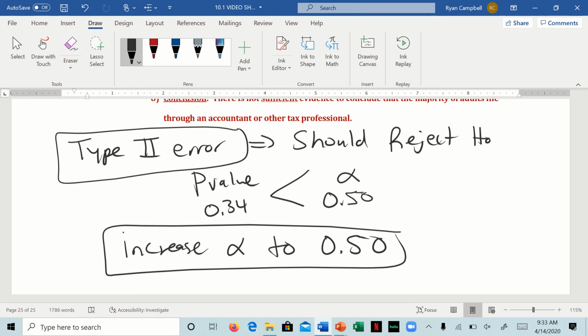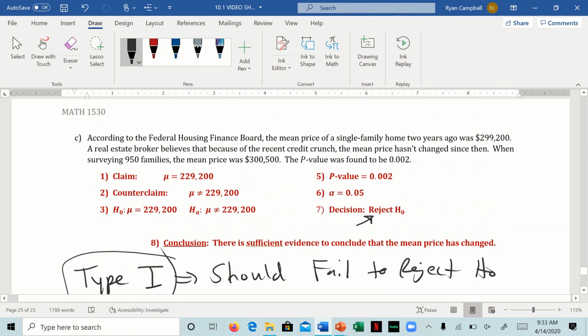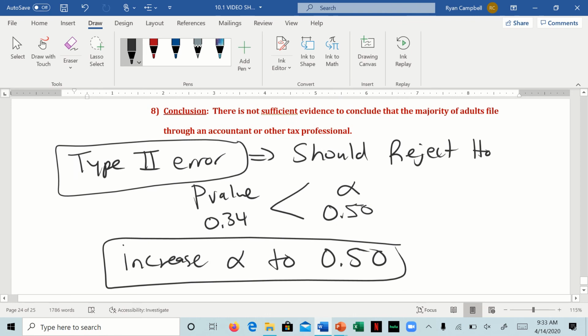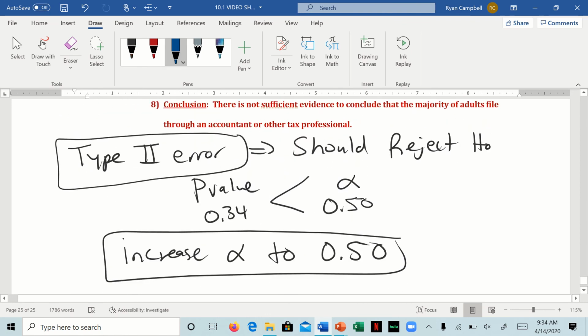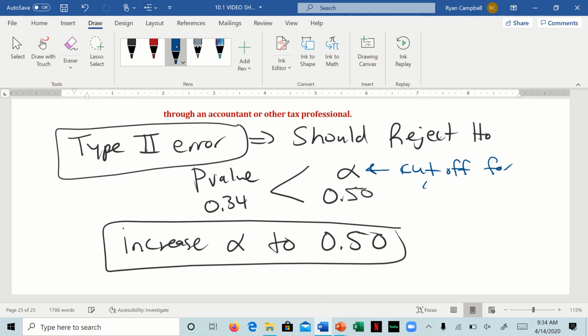All right. Now, last thing, I promise, and then we're done with this section. Are any of these likely that we made an error? So is it likely that we made an error? Let's just go backwards, right? So for this last example that we just talked about, remember, the significance level is the cutoff for unlikely. 50% is kind of a big number for unlikely, right?